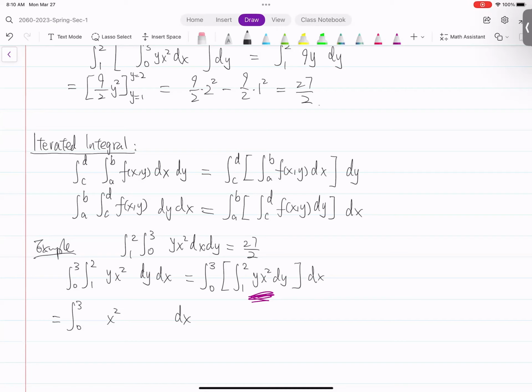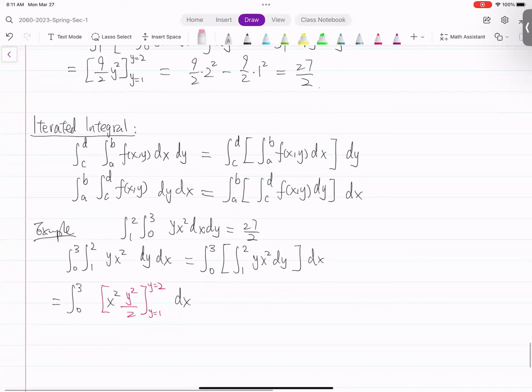And then now y. Y is only a power function that has a power 1, right? So you just do the antiderivative, which is y squared over 2. And then we're going to evaluate, because here y goes from 1 to 2, so y is at 1 first and then 2. Okay. And then we need to evaluate.